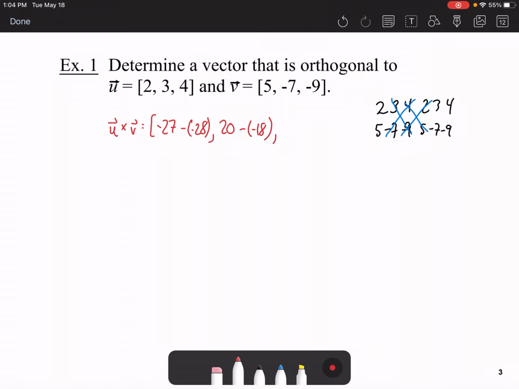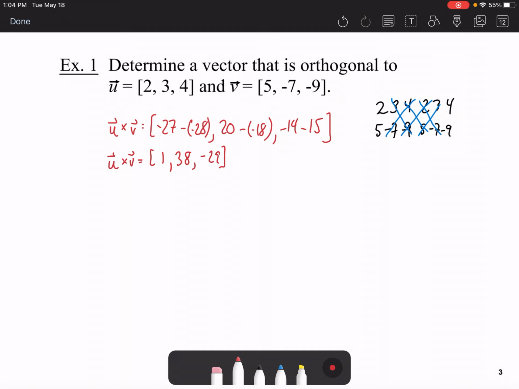Finally, I'm going to take 2 times negative 7, which is negative 14. And I'm going to subtract 5 times 3, which is 15. So this result turns out to be 1, 38, and negative 29.